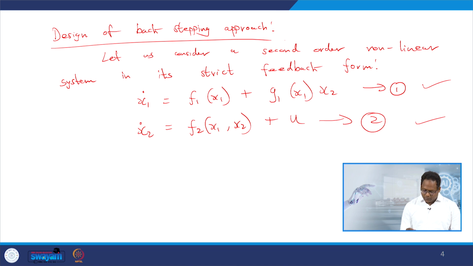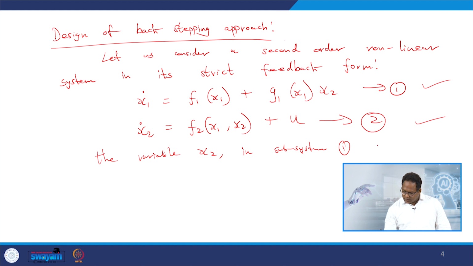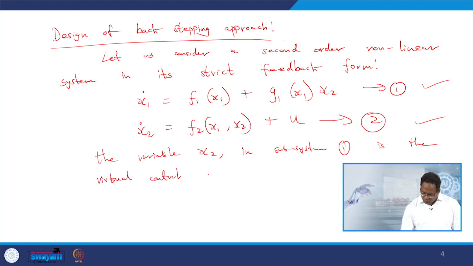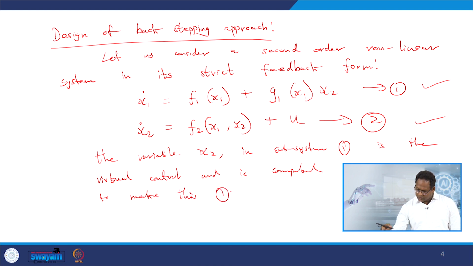So, in the backstepping approach, the variable x2 in the subsystem 1 is considered the virtual control and is computed to make this subsystem, given by equation 1, stable.